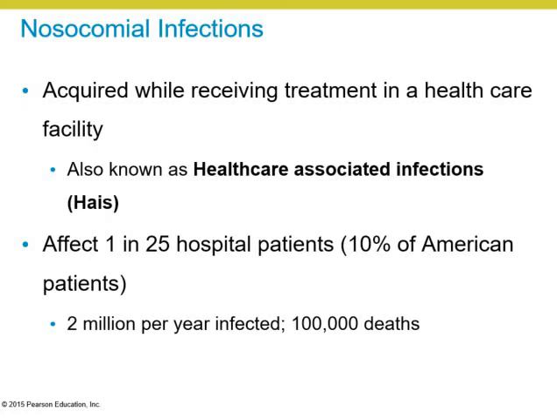According to the Center for Disease Control, CDC, about 10% of American patients acquire HAIs every year. And healthcare associated diseases increase the duration as well as cost of medical care and result in some 100,000 deaths of American people annually.